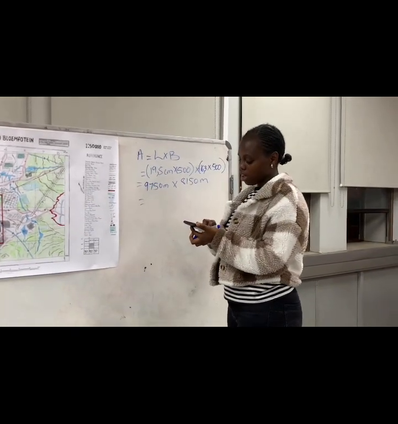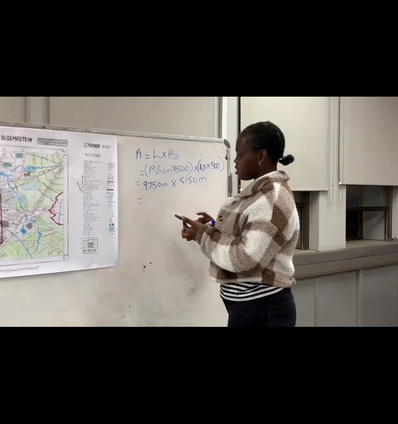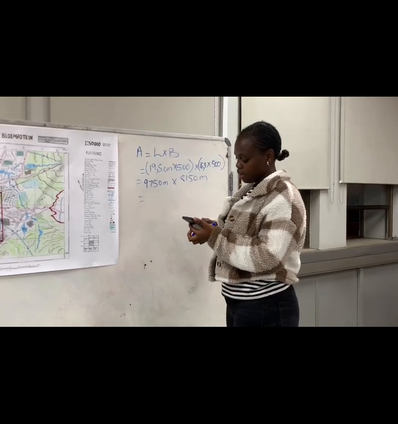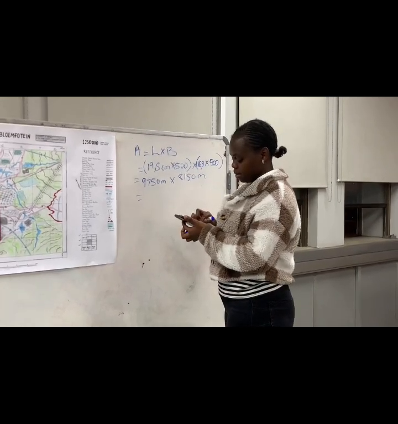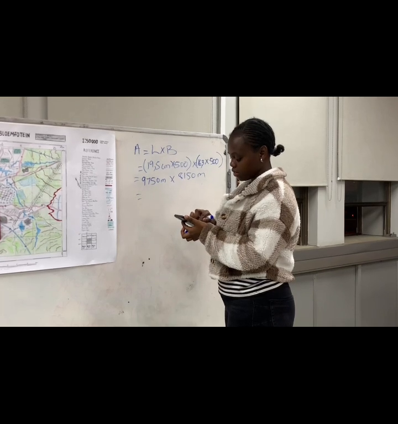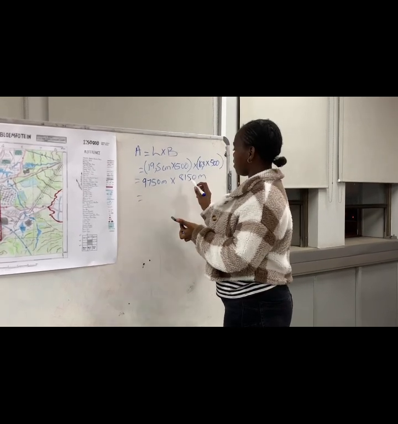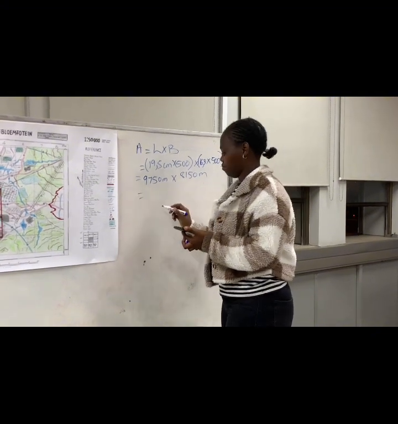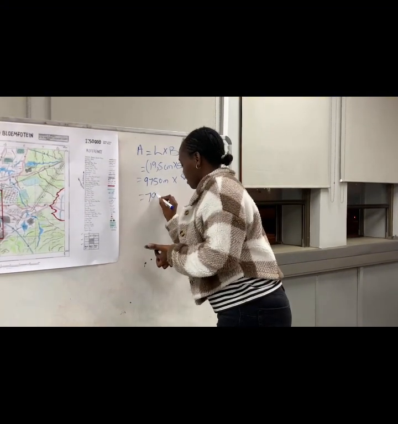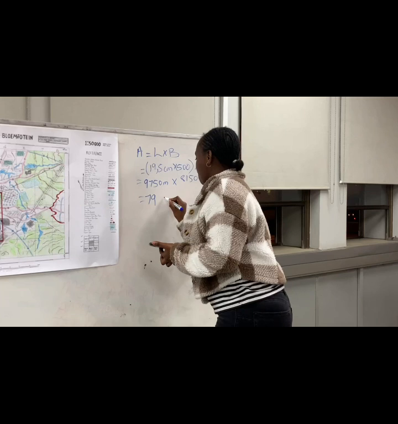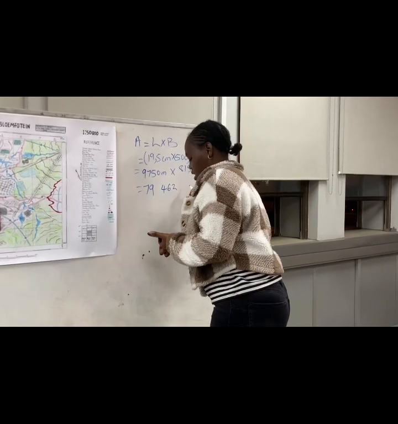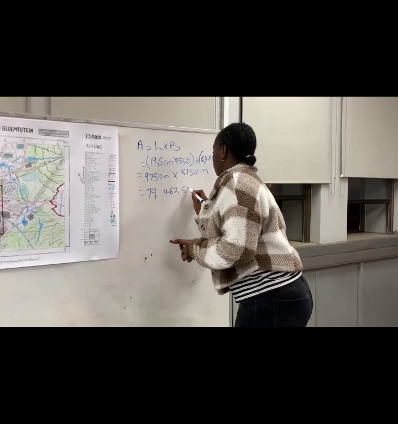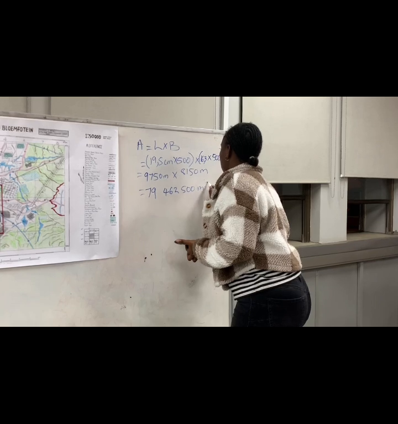So our final answer will be 9,750 multiplied by 8,150, and our answer is 79,462,500 meters squared.